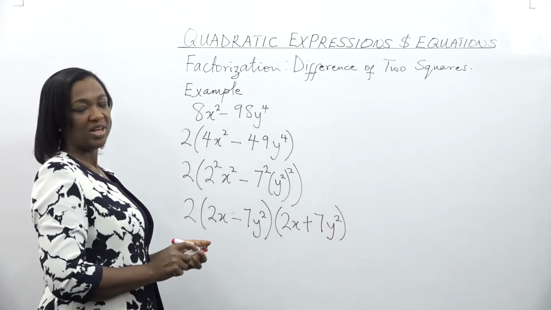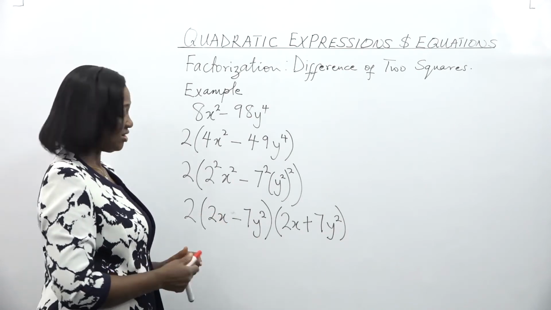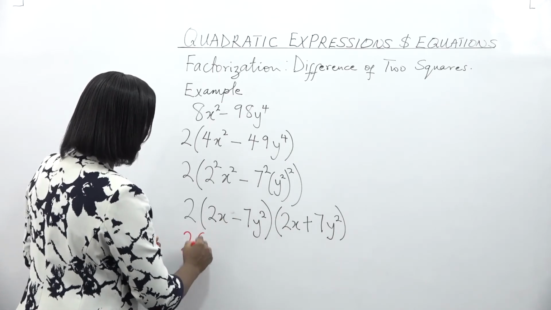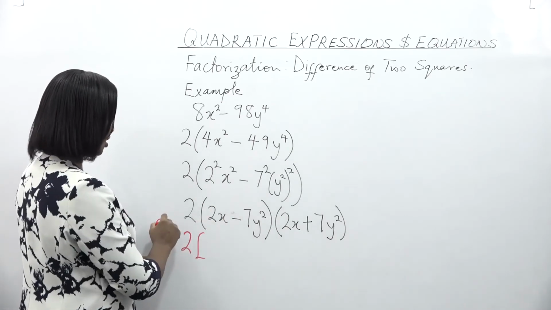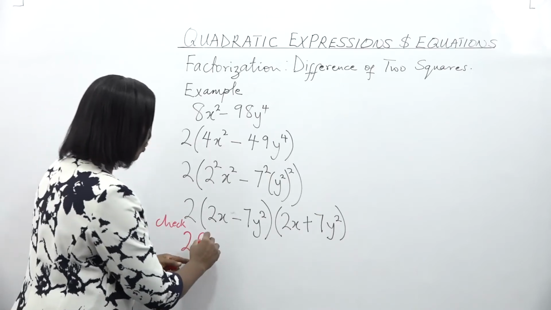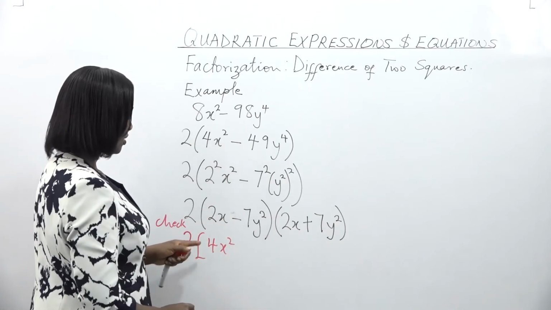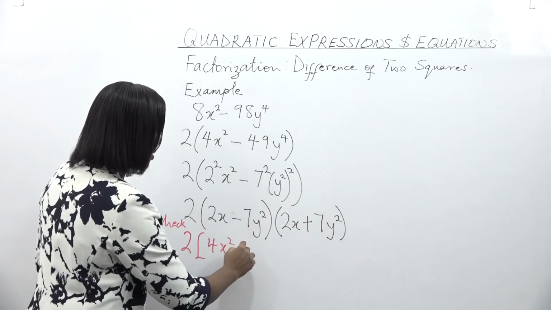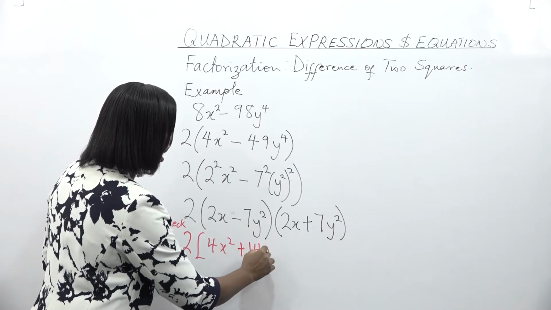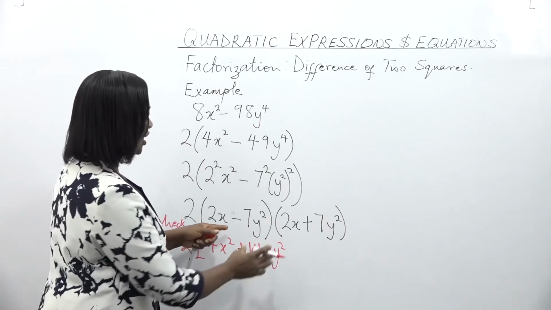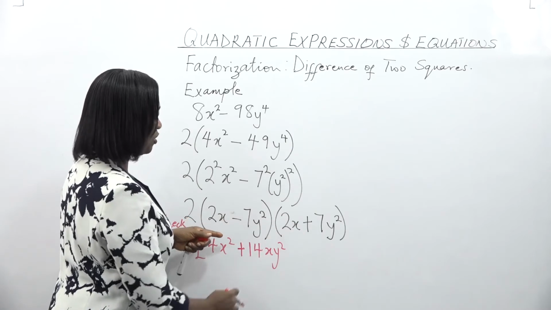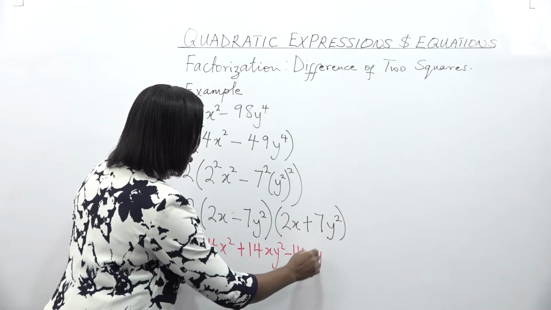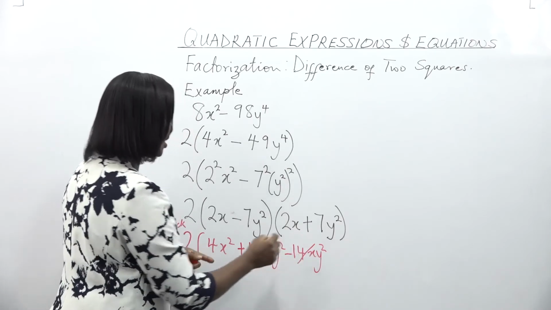Let's expand this quickly to cross-check. 2x times 2x, we still leave the 2 outside, is 4x squared. 2x times 7y squared is 14xy squared. Again, minus 7y squared times 2x will give us minus 14xy squared, so both of them will cancel out.